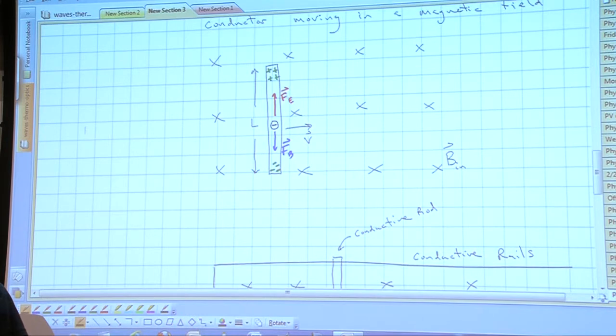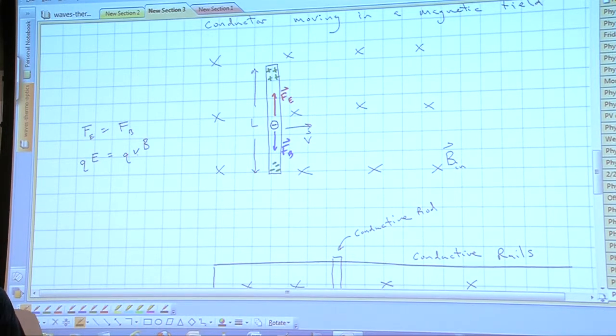We say the electric force is equal to the magnetic force. And what is the electric force? It's the charge times the electric field. And the magnetic force is Q, V, B, and the sine of 90 degrees is just 1. I'll leave that out.